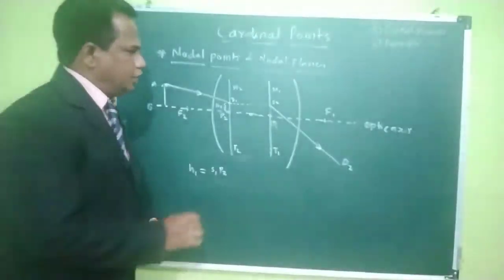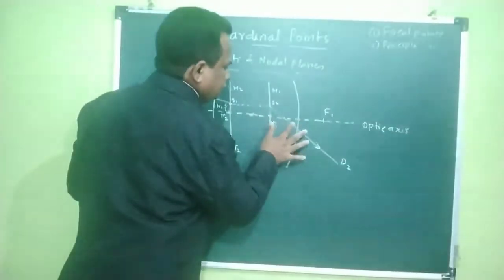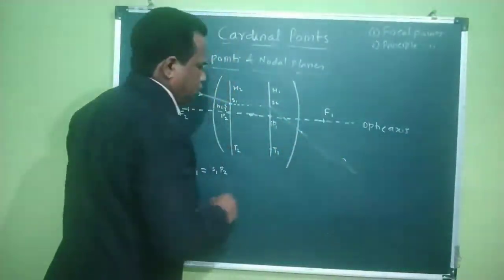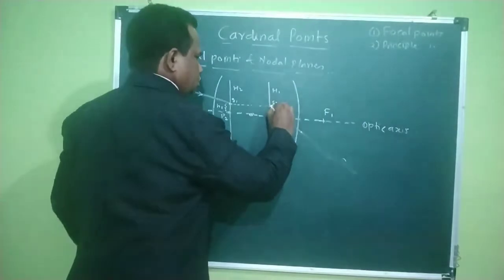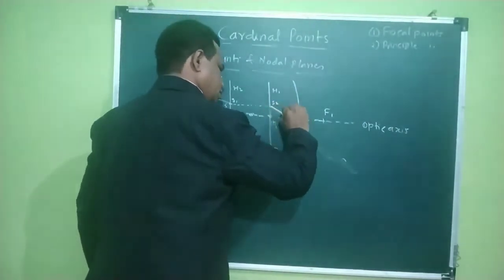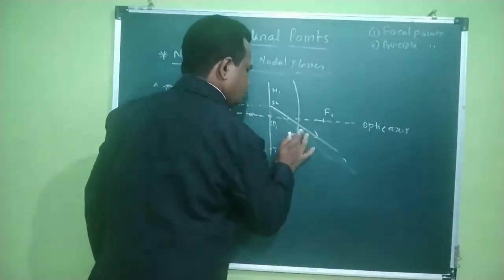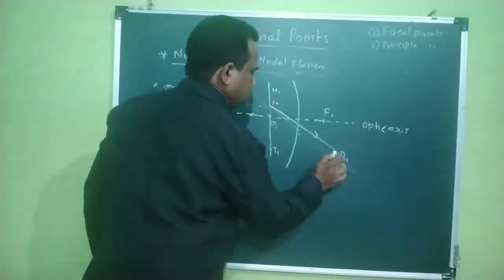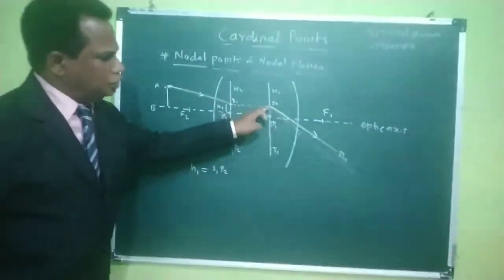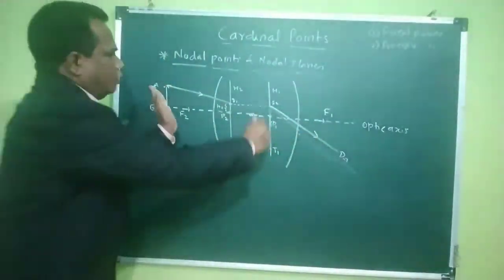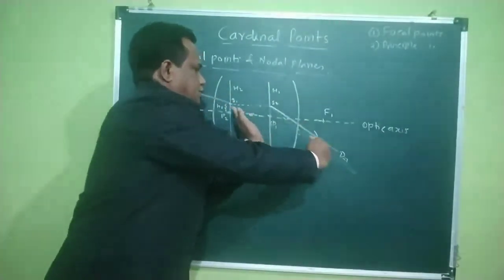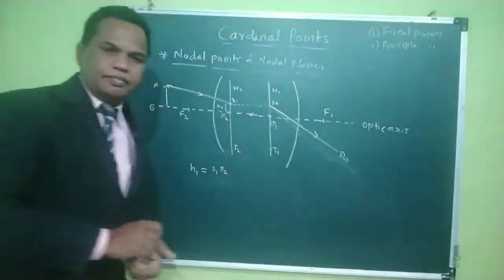I think we need to draw a better diagram. My diagram is not so good, so I will draw it like this. So S2D2 is the emergent ray, which is parallel to this axis or this incident ray.